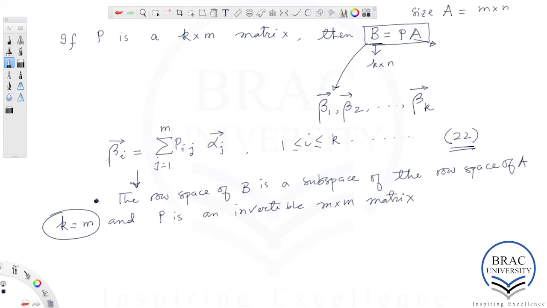So each alpha i can be written as a linear combination of the rows of B, which are beta j's, and in each linear combination, the coefficients are entries from P inverse. So in this situation, we see that the row space of A is a subspace of the row space of B.